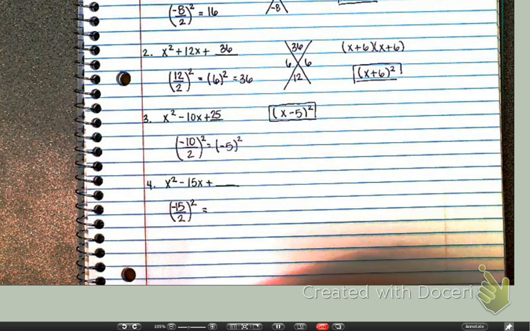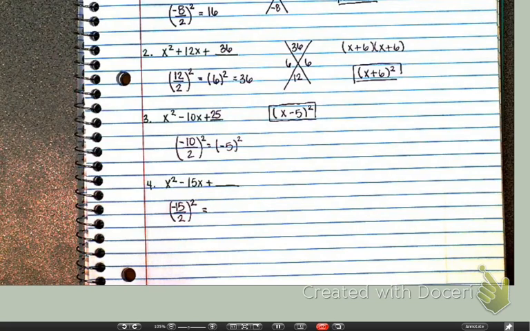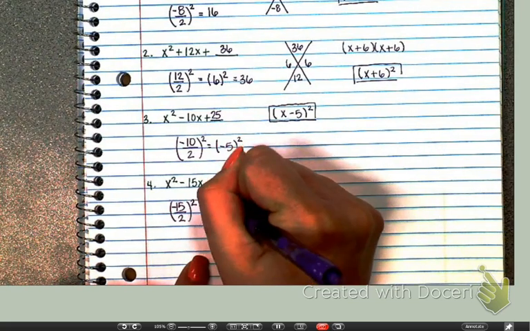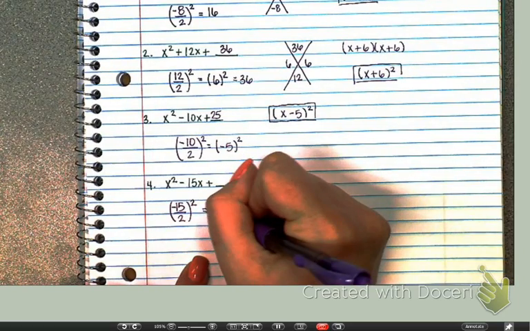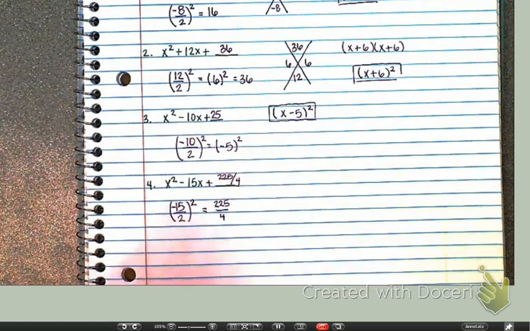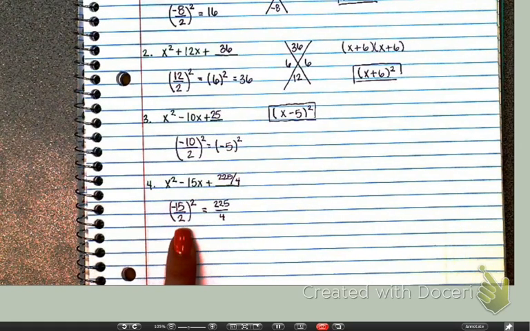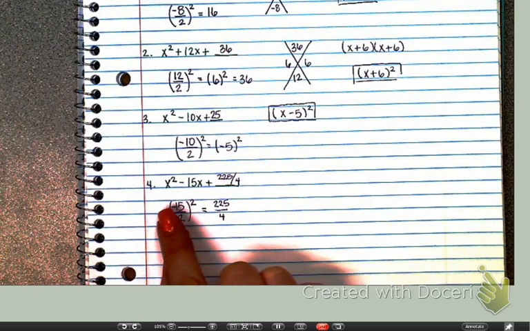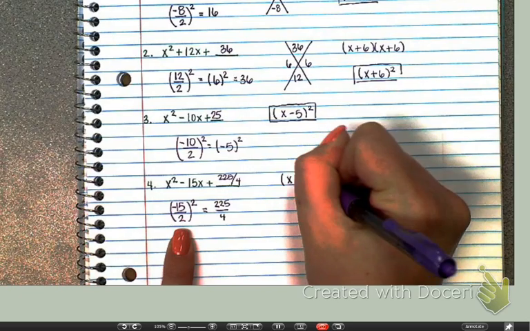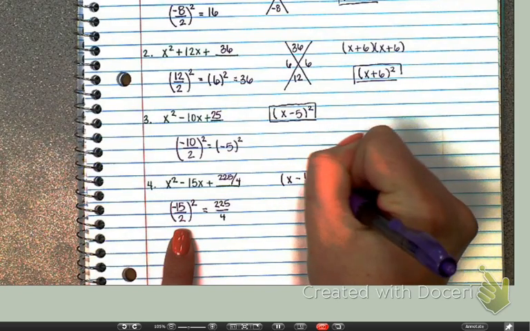So what's negative 15 squared? 225. What's 2 squared? 4. So it's 225 over 4. This is my fraction simplified, right? I can't simplify it anymore. So factored form of this is x minus 15 over 2 squared.